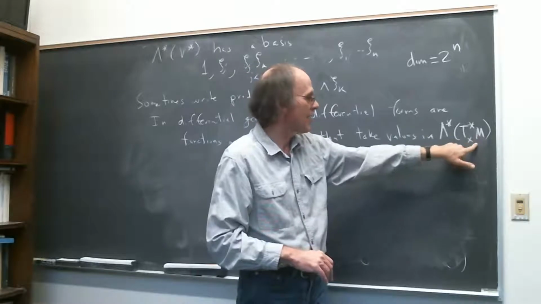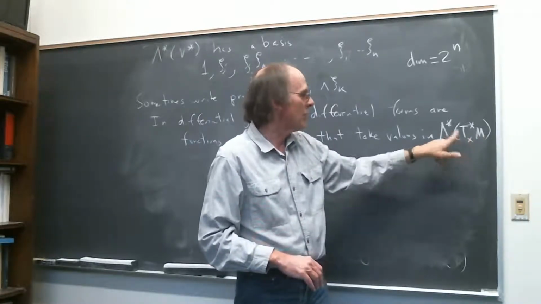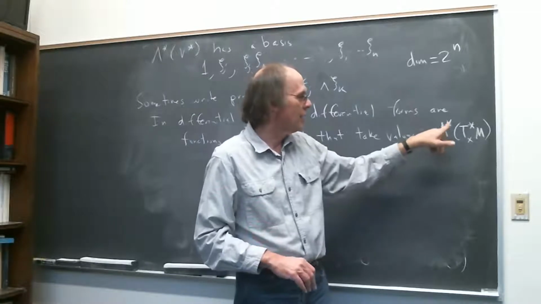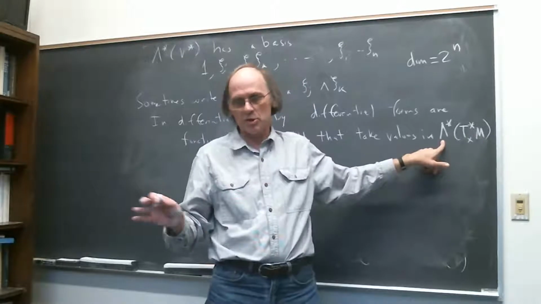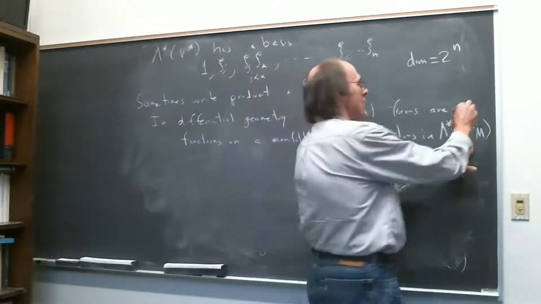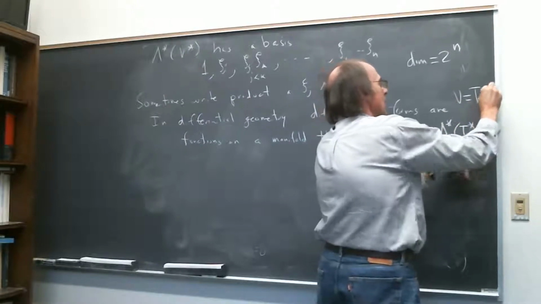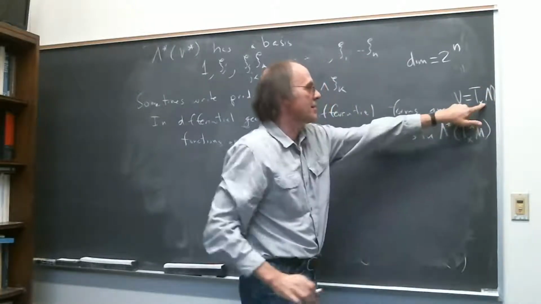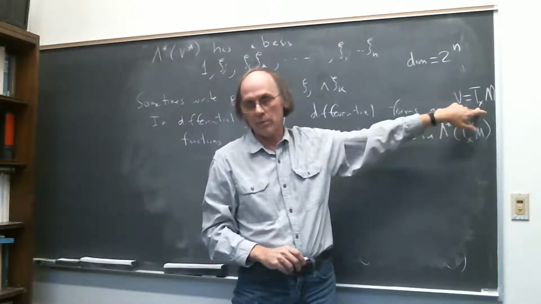It has a dual. You're doing exactly the same construction here, in other words, this is the case where V is the tangent space at a point X. It varies depending upon where you are in the manifold.